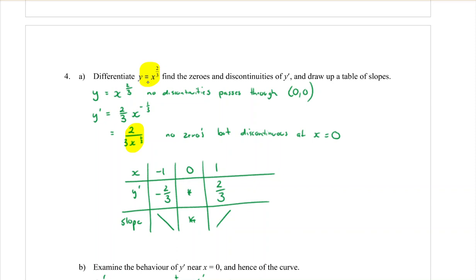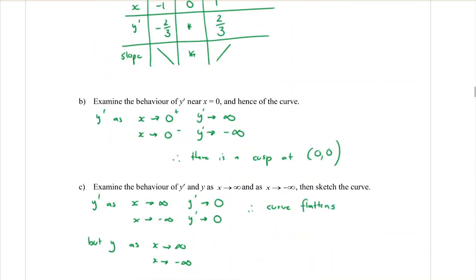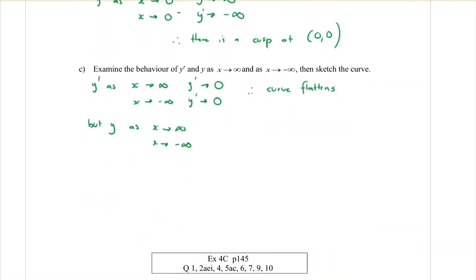And negative infinity to the power of 2/3 is also a positive infinity. You could check that by subbing in a big number if you needed to. So both of those are approaching positive infinity. So that means that there's no horizontal asymptote there, because they're both getting bigger and bigger and bigger.